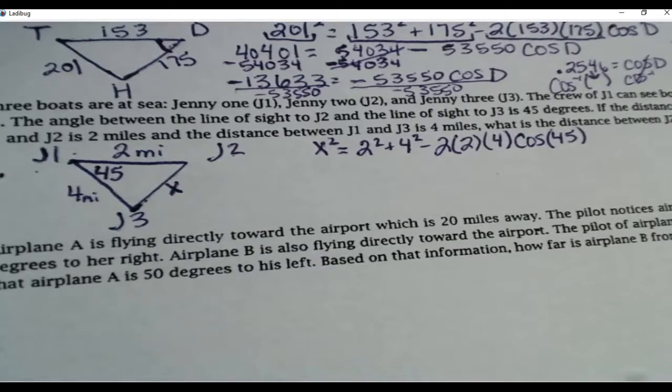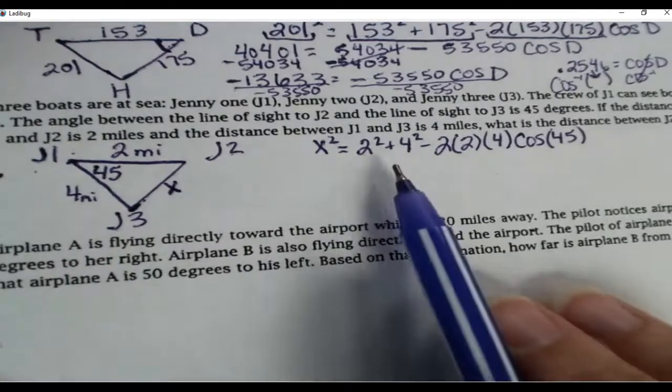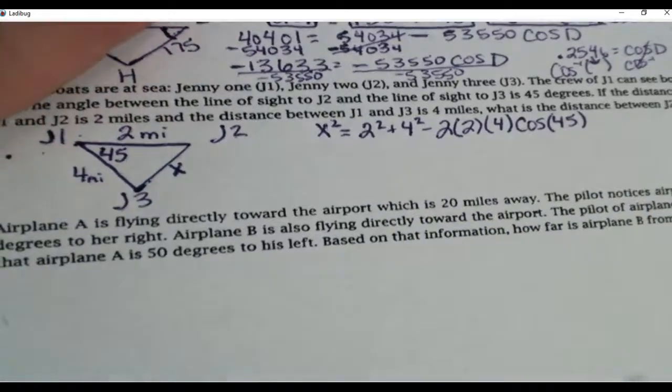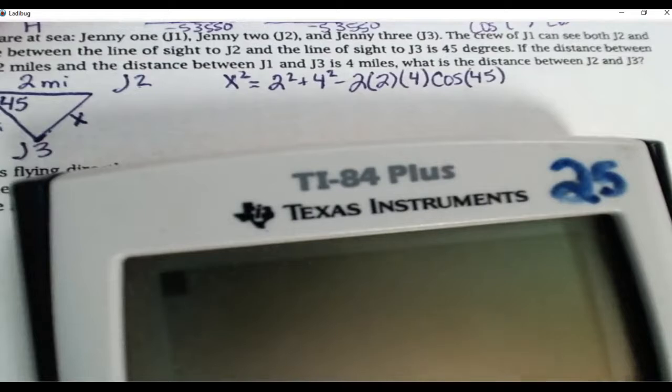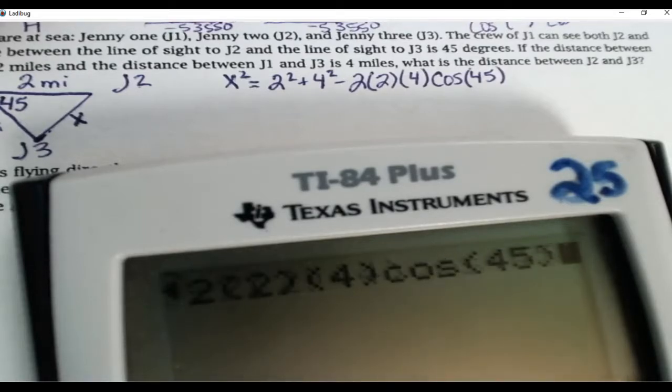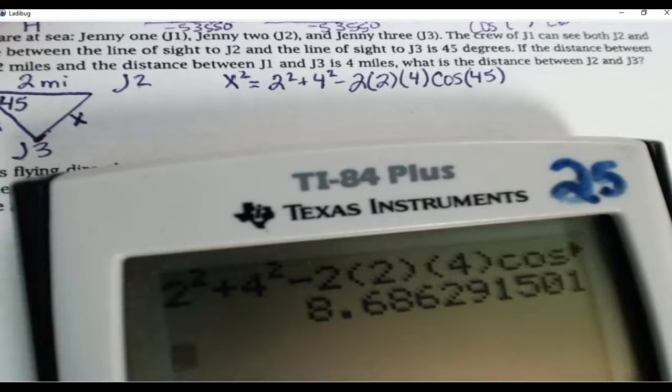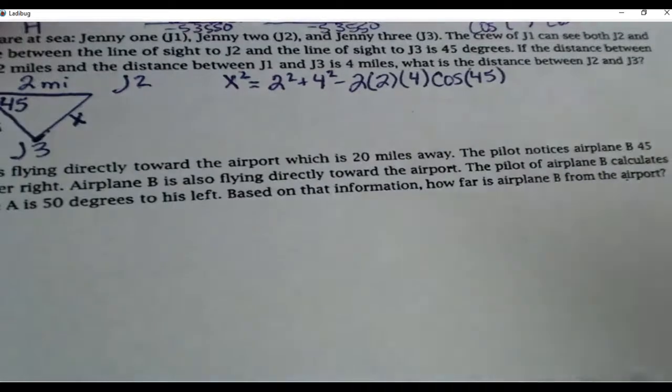And so this is one of the easier ones because our x squared is almost by itself, it just has that squared. We don't have any unknowns over here on the right, so we can just type it right on in. So 2 squared plus 4 squared minus 2 times 4, cosine of 45. And we get this, 8.686, etc.